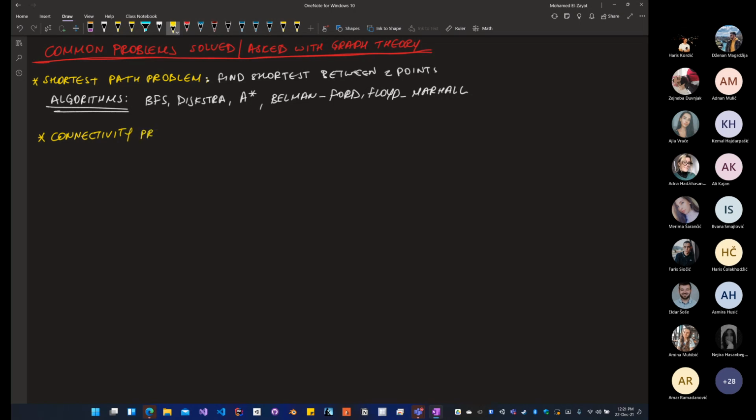Connectivity problems: how to detect if there is a path between any two nodes. If there is a path between any given two nodes.